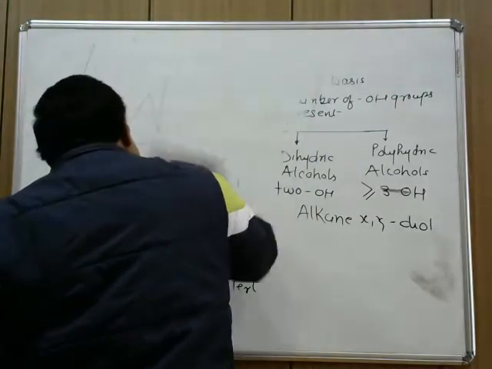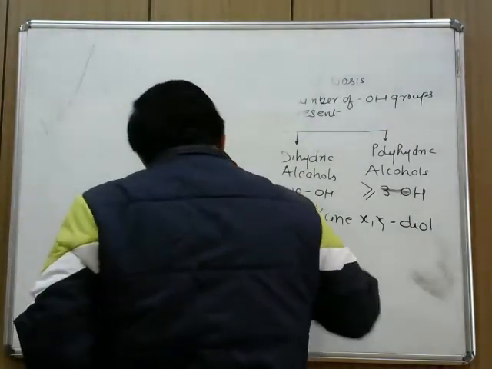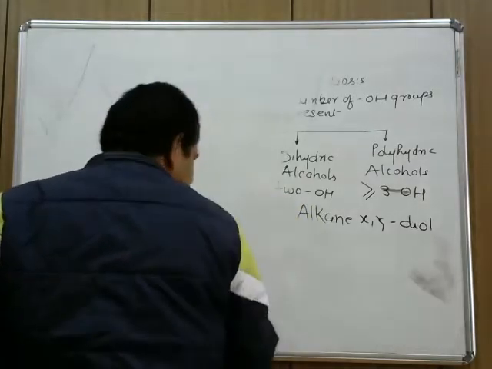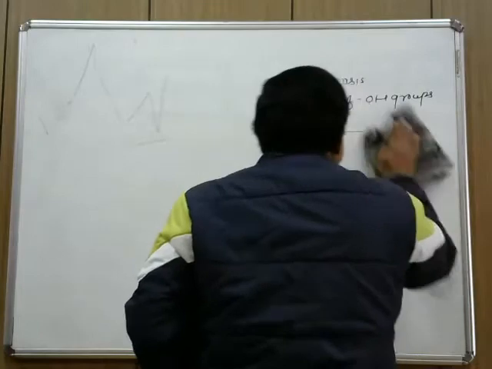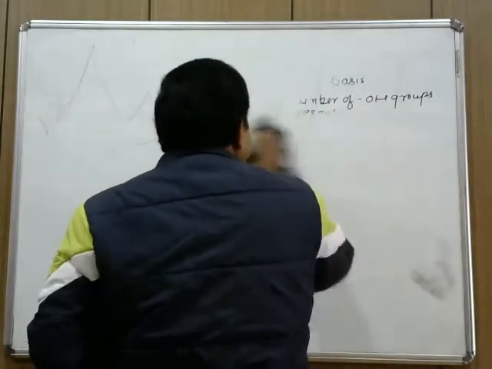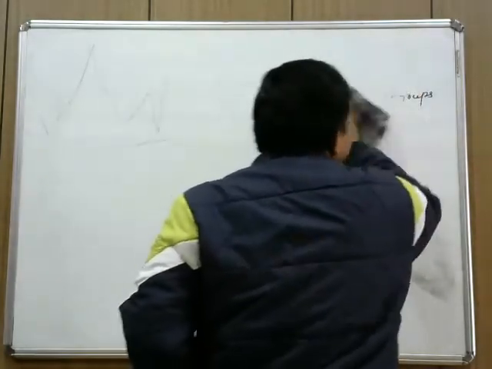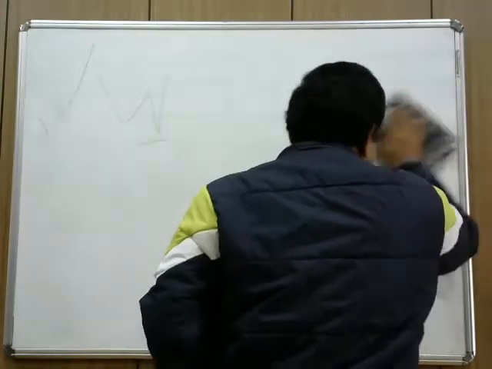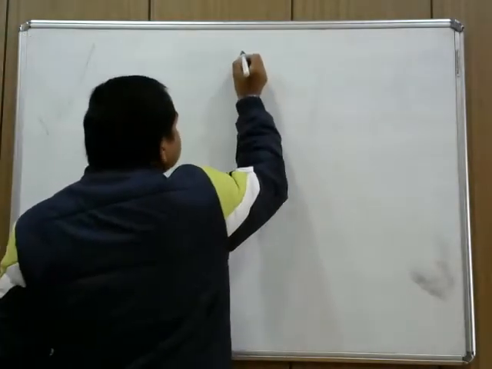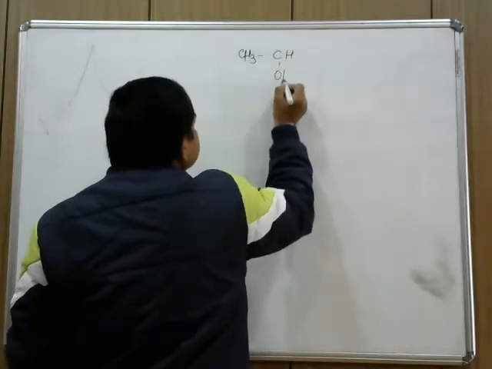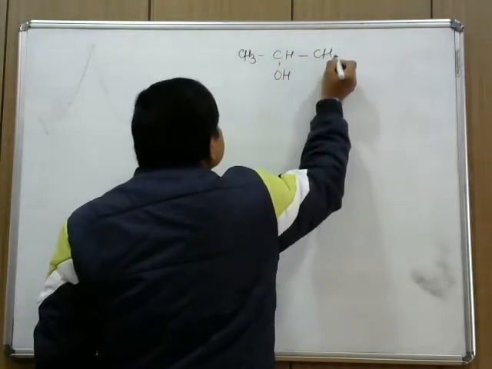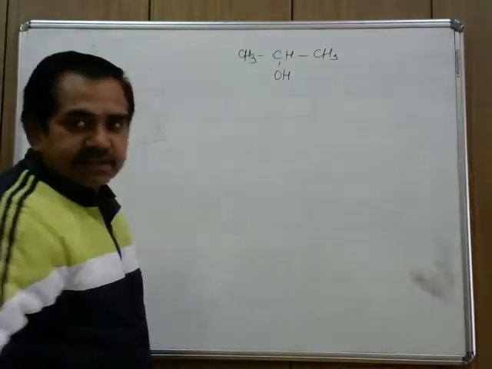Now let's take some examples. Say for example we have CH3CHOHCH3.